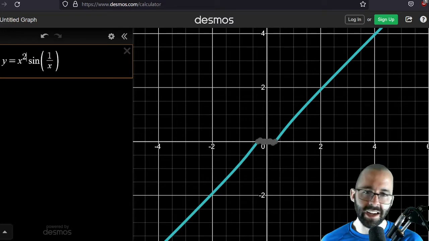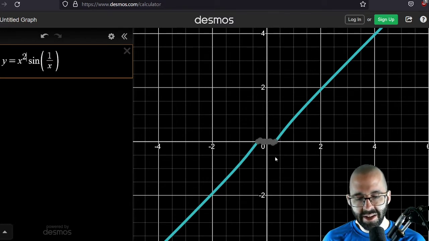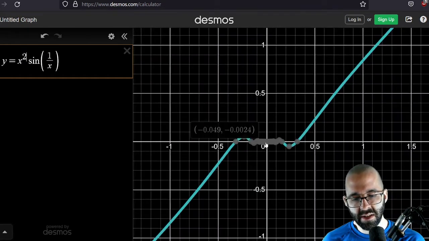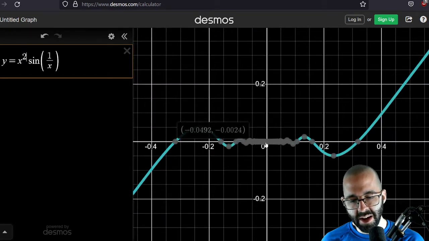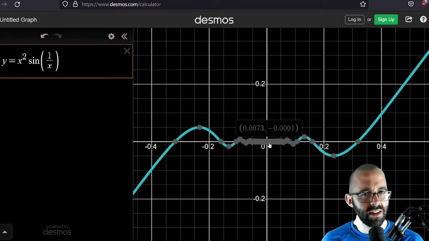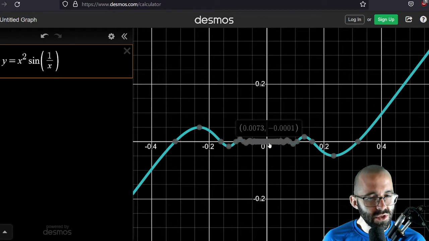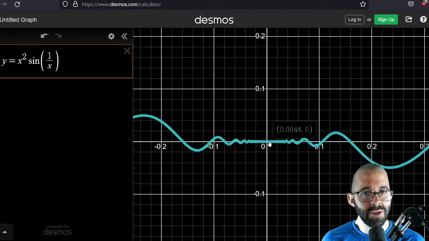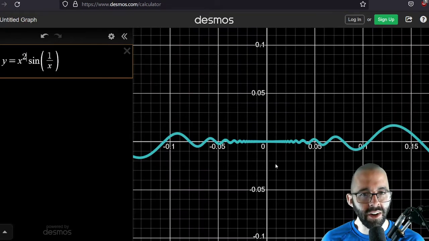Let's investigate. Let's zoom in a little bit, or a lot of bit. So it's still oscillating a lot, but it's much smaller now. Let's zoom in some more. Oh.